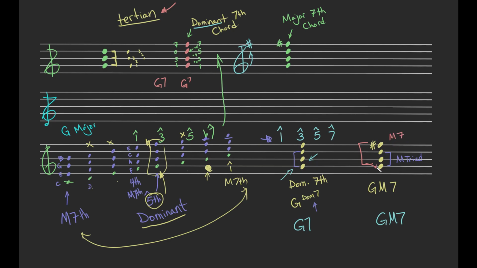We have 1, 2, 3, 4, 5, 6, 7, as we've seen already. And because F sharp is found in the key of G major, it's a major 7th. Okay, so that's why it's G major 7. This is why it's G dominant 7. And those are the first 2 7th chords that we will talk about.